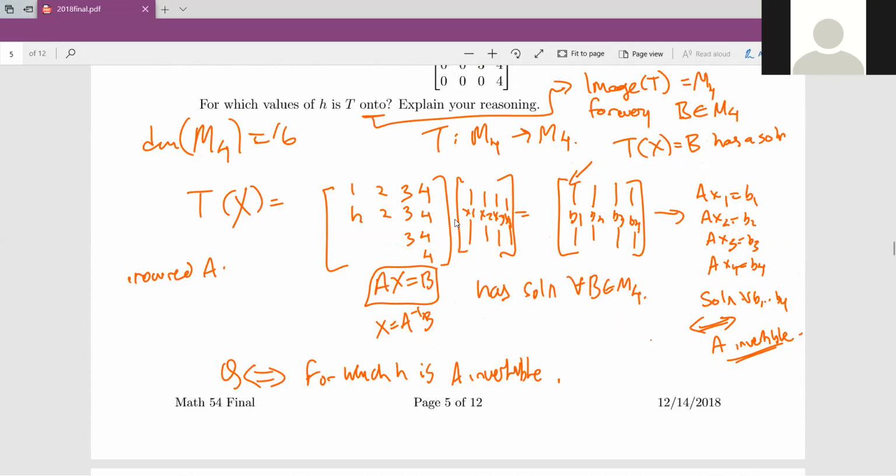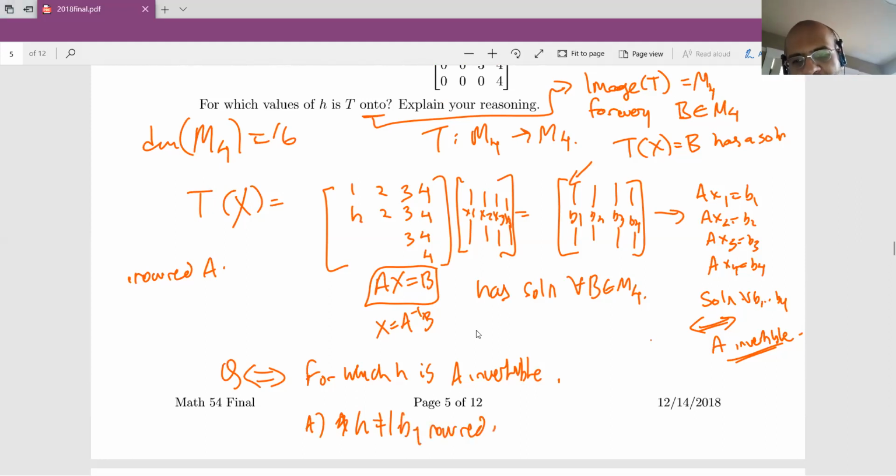So basically, H can't equal 1. What? H can't equal 1, yeah. Answer is H not equal 1. If it's 1, then, by row reduction, you basically do one row operation and then you see that it has enough pivots if it's not 1.